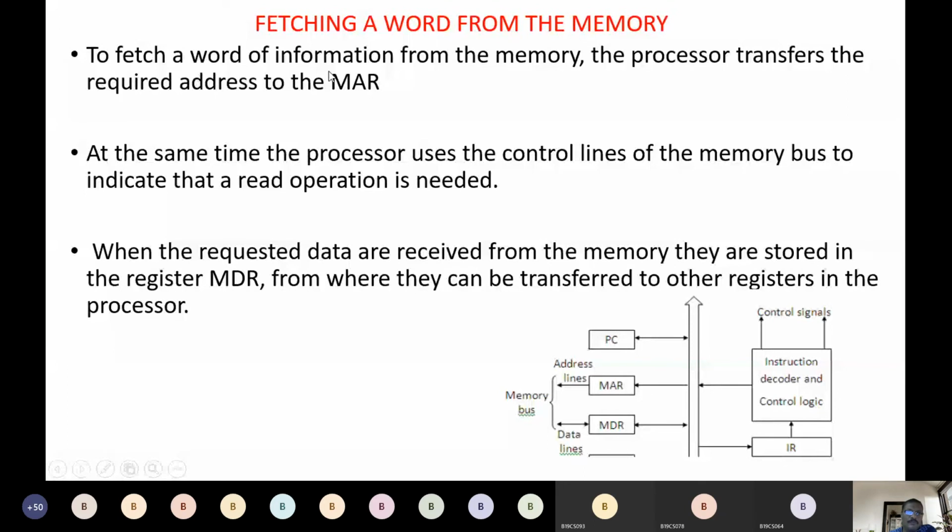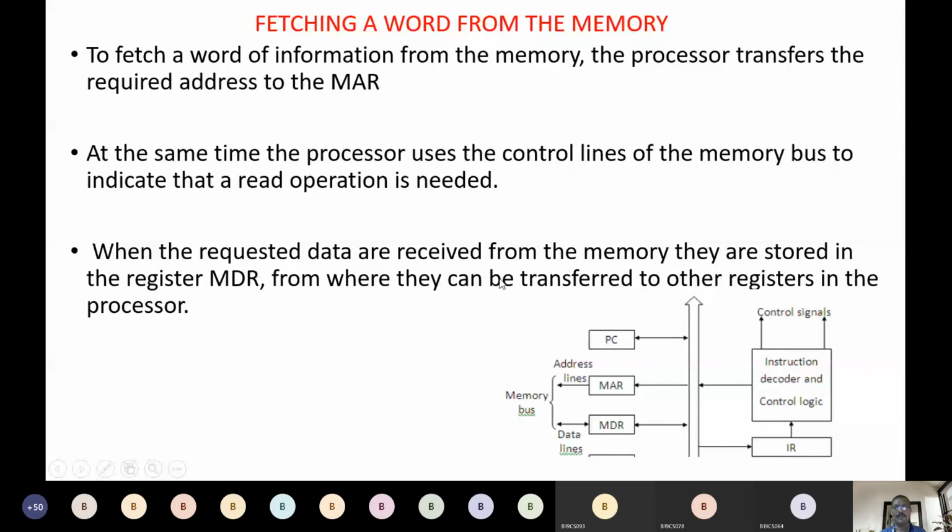To fetch a word of information from the memory, that is the main memory, or we can say the primary memory or RAM, the green color module I'm talking about. Data can be fetched word by word. To fetch a word from the main memory, the processor transfers the required address to MAR.